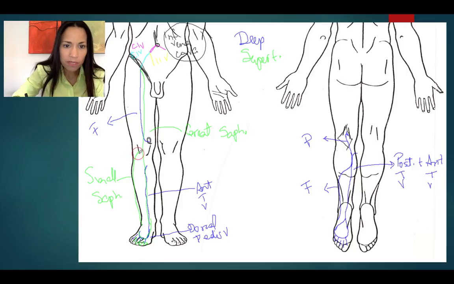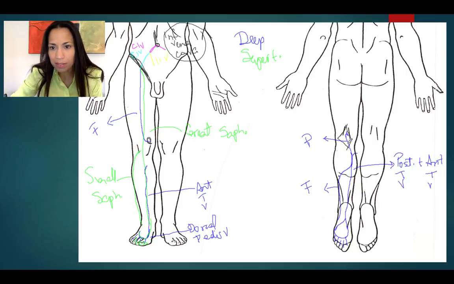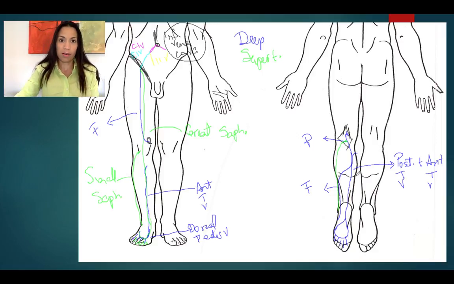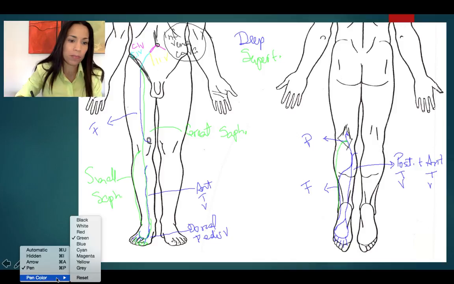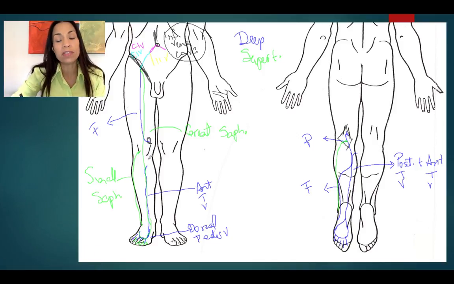The small saphenous empties the blood, it will be like around here, lateral and posterior, and merge with the popliteal deep vein. Okay, so that's how the superficial and the deep veins are connected.